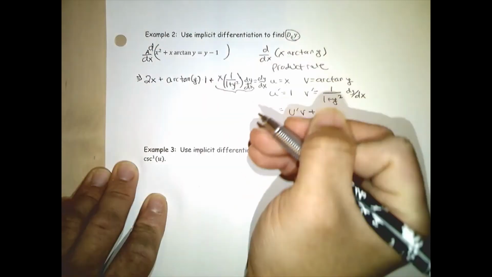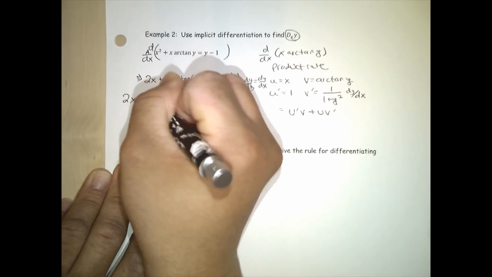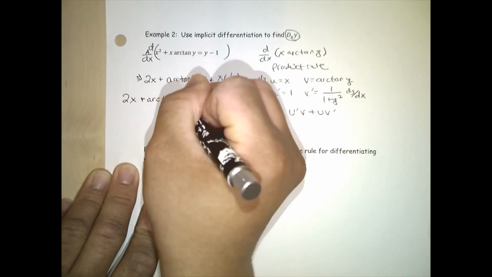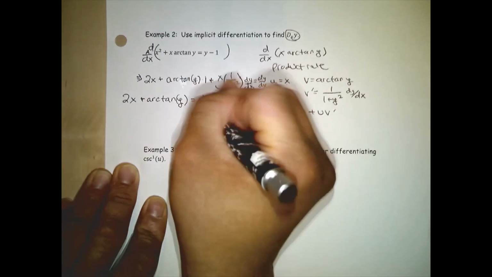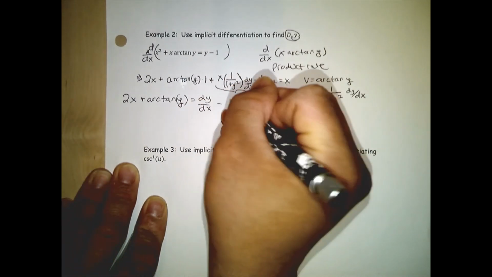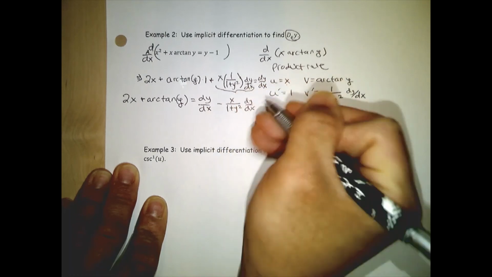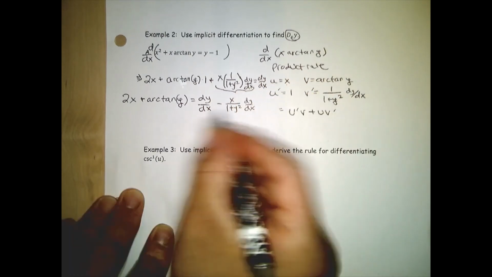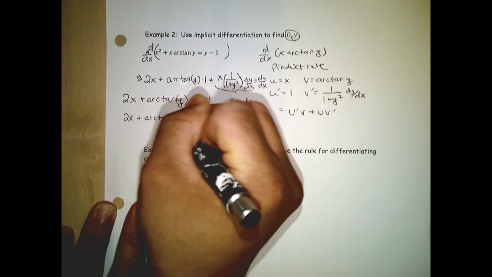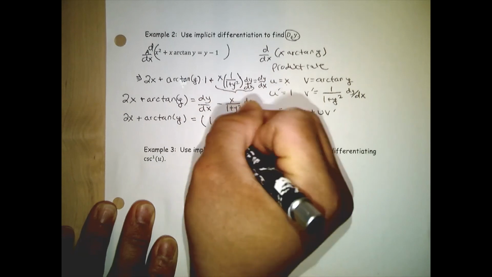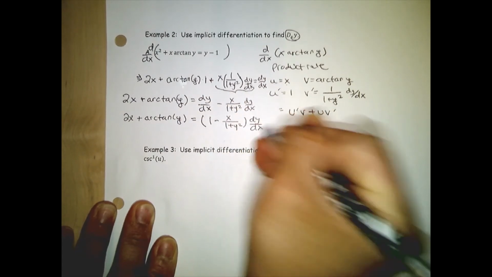So what I have here is 2x plus arctangent of y equals dy dx minus x over 1 plus y squared dy dx. I'll factor out dy dx, so I have 2x plus arctangent of y equals 1 minus x over 1 plus y squared dy dx.